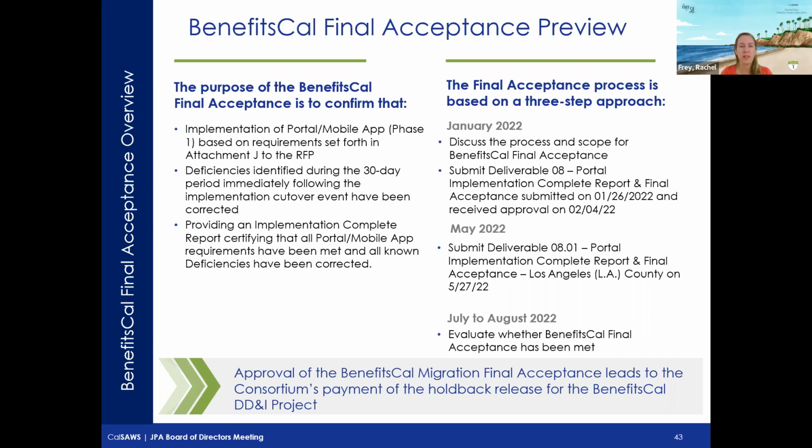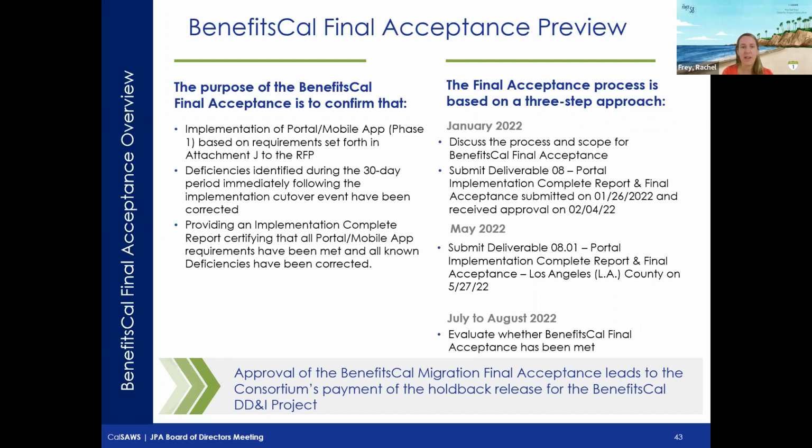So what owner and I were going to do today was walk through where we are relative to final acceptance for Benefits Cal. There are three things that final acceptance seeks to confirm. The first is that we have met the requirements that were established for Benefits Cal, and in this case, those requirements are tied to what was originally defined as the phase 1 requirements.